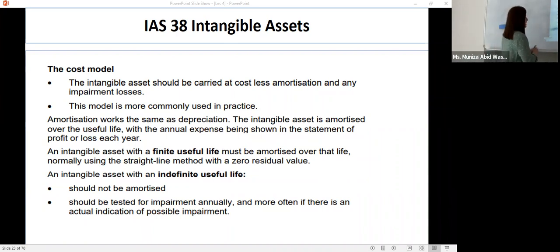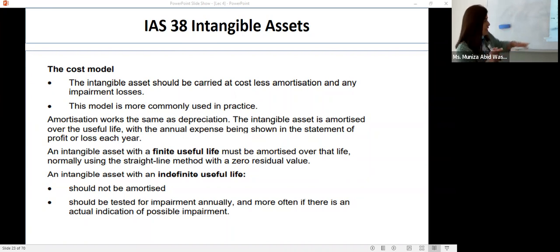Now, students, in the case of an intangible asset with an indefinite useful life, we do not know how much useful life there will be. We are not going to amortize it. No amortization is there. But if there is an indication of impairment, if a few factors internal or external to the organization are indicating that maybe the value of the asset is going down, it means there is an indication of impairment.